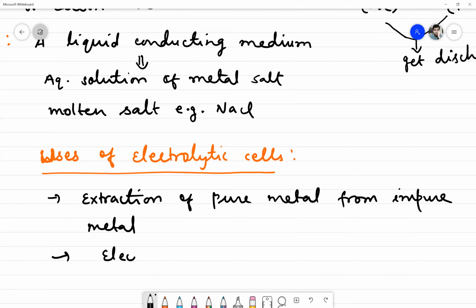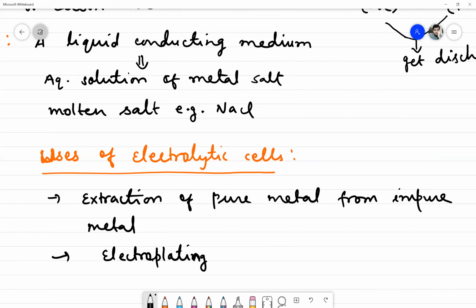For example, you may have heard of silver coated or gold coated ornaments, and also different types of utensils like silver or gold coated spoons and many other utensils.